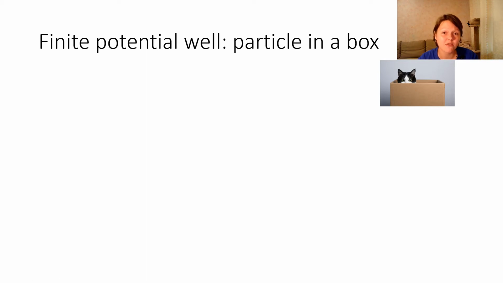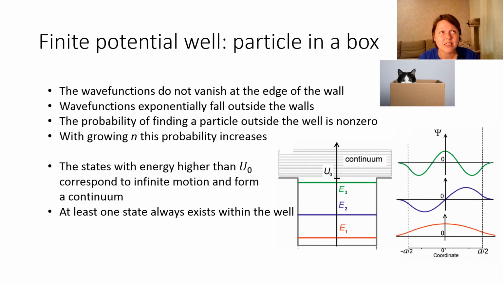But what if a box has finite walls, like in the real world? It means that we will have a particle in an ordinary box. For example, if we have some box at home and we throw a ball inside of this box with very high energy, very hard, then the ball will have the opportunity to jump out of this box.